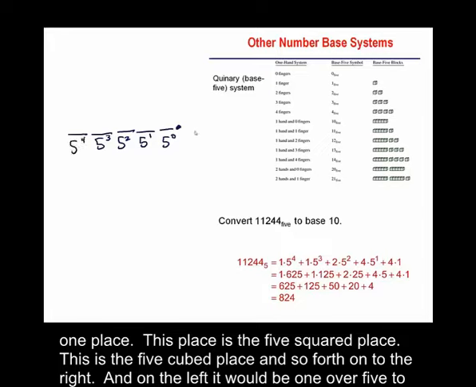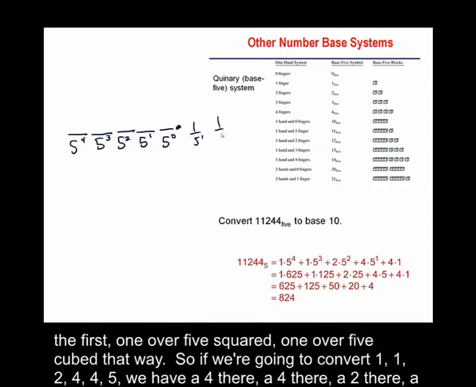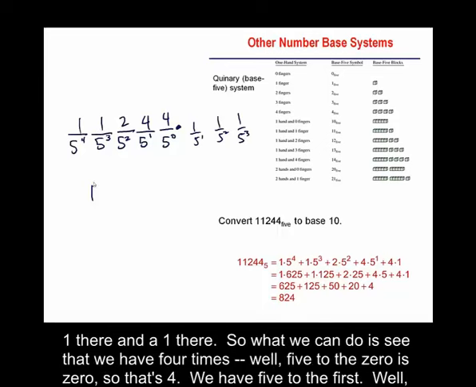And on to the left, it'd be 1 over 5 to the first, 1 over 5 squared, 1 over 5 cubed, that way. And so if we're going to convert 1, 1, 2, 4, 4 in base 5, we have a 4 there, a 4 there, a 2 there, a 1 there, and a 1 there. So what we can do is see that we have 4 times 5 to the 0, which is 1, so that's 4.